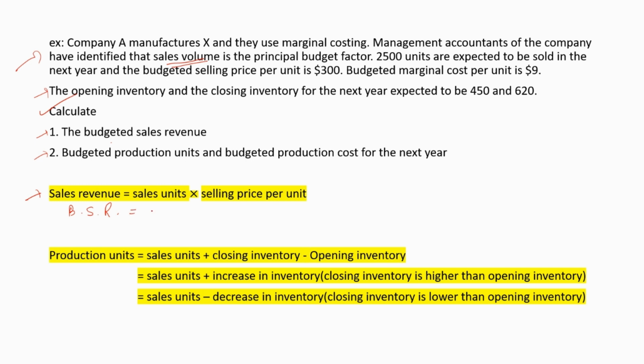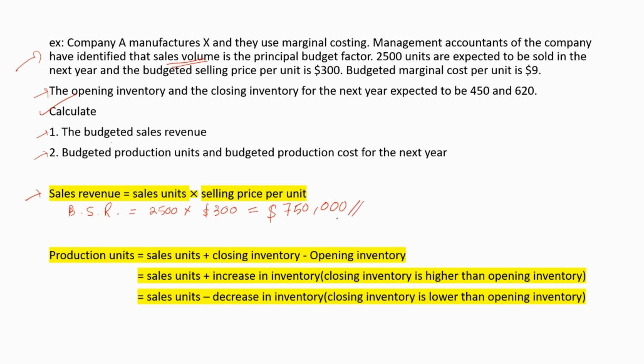They have given the budgeted sales units as 2,500 multiplied by the budgeted selling price per unit, which is $300. This is equal to $750,000. This is the budgeted sales revenue for the next year.